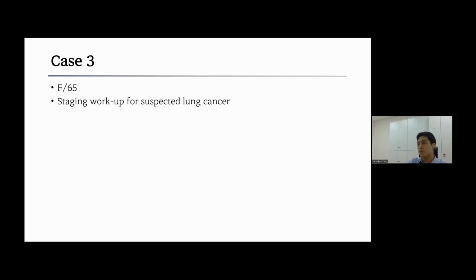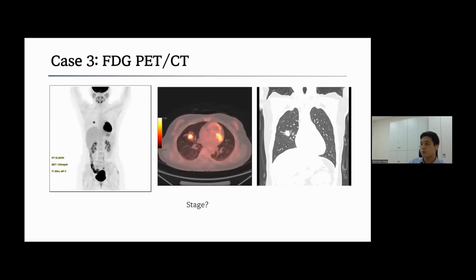The third case is about a 65-year-old female patient who underwent FDG PET-CT for staging of suspected lung cancer. These are the images of the FDG PET-CT performed for the patient.